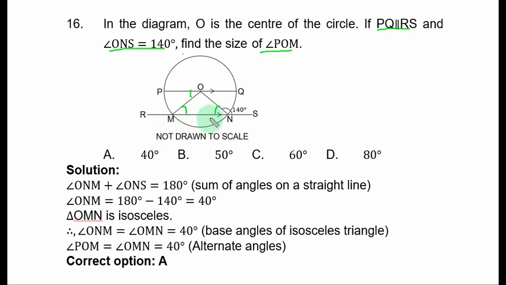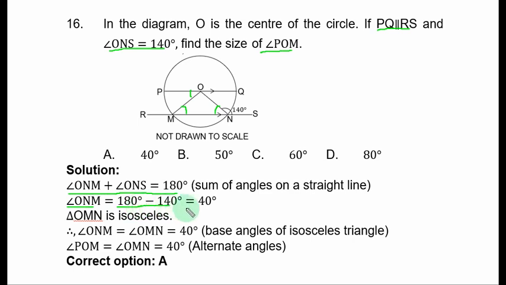That means the base angles are equal. Solution. So let's get ONM first, because it is equal to OMN. So angle ONM plus angle ONS is equal to 180 degrees, sum of angles on a straight line. So angle ONM is equal to 180 degrees minus angle ONS, that is 140 degrees.